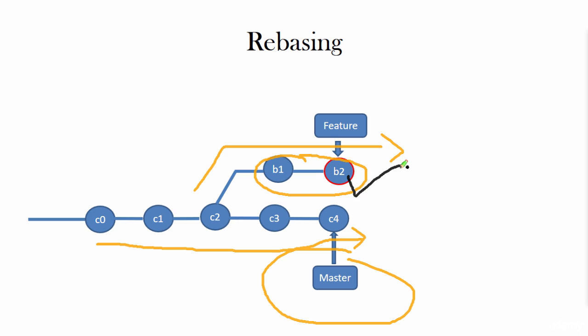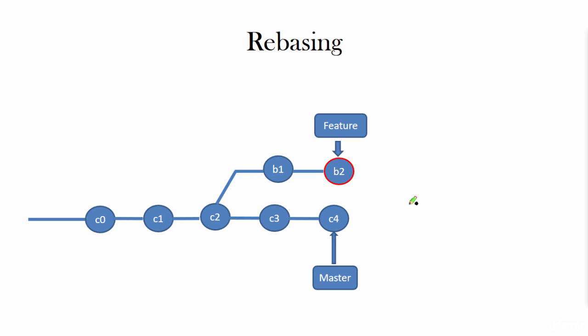This is the head for the feature branch, and this is the head for the master branch. As I said, rebasing is just changing the base. Basically, we rebase a branch. This is the branch over here, and the base commit for this branch is C2. Let's see what happens when we rebase the feature branch.